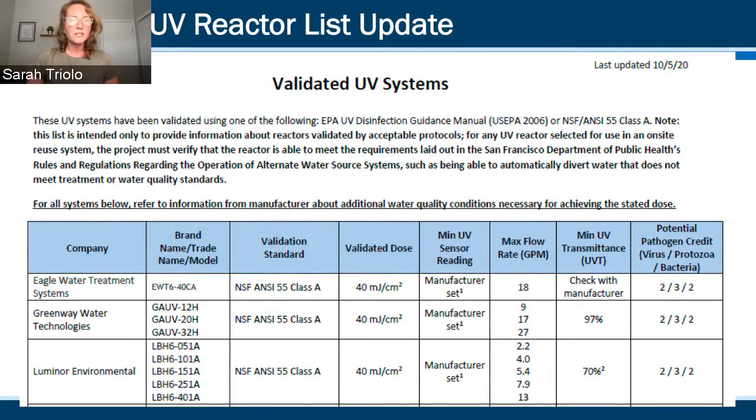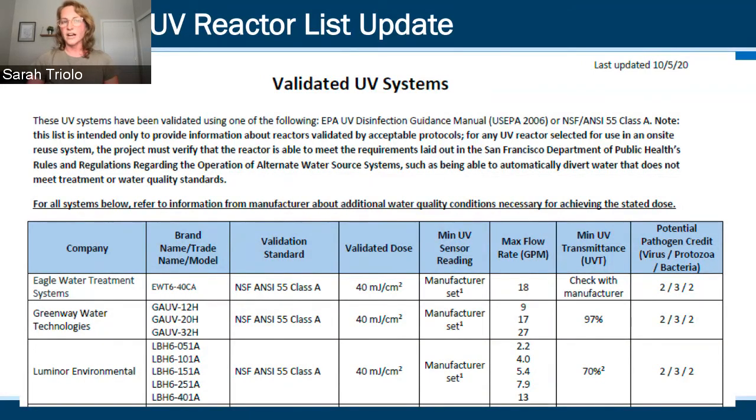And just to remind people, this is an informational resource. This is information that's readily available, just compiled for your convenience in one place. Projects still need to do their due diligence if they're selecting reactors, to make sure that the reactor is appropriate for their water quality and can be integrated with their control system, so that they could initiate automatic shutdown or diversion if an alarm was triggered.